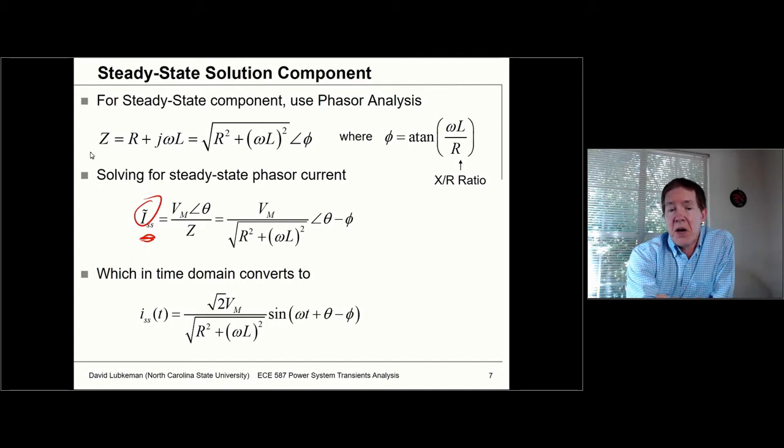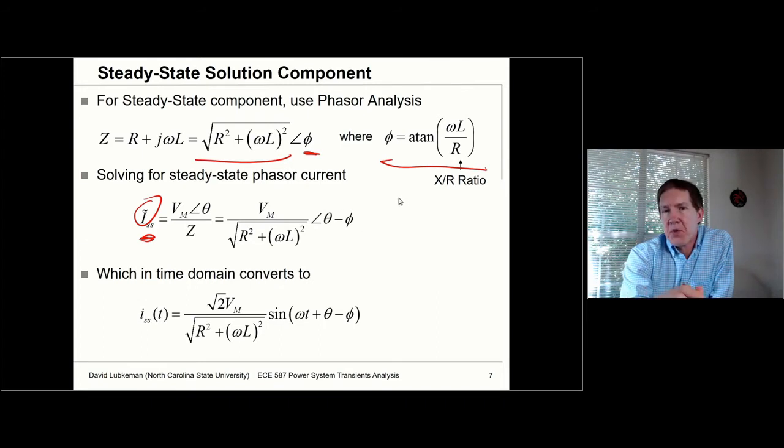The impedance is a complex number, R plus j omega L. The magnitude is the square root of R squared plus (omega L) squared. It has some angle phi given by the arctangent of omega L over R. So the current is the source voltage RMS magnitude divided by the magnitude of the impedance, at an angle of theta minus phi.